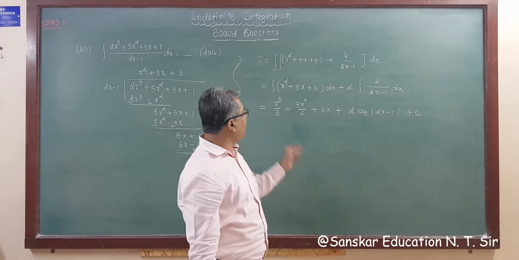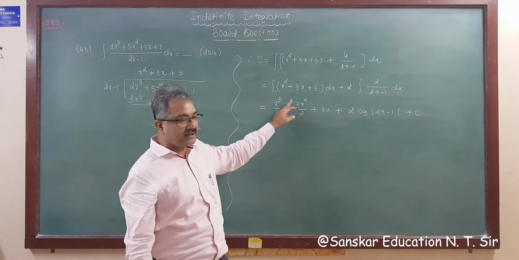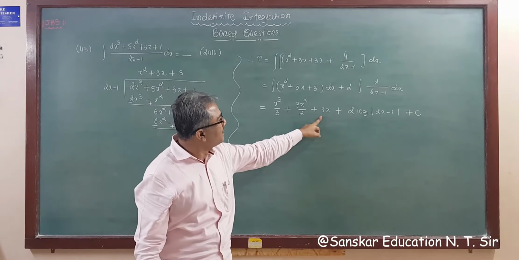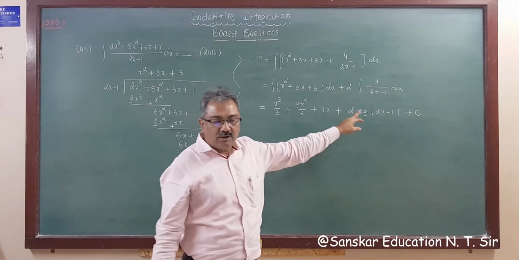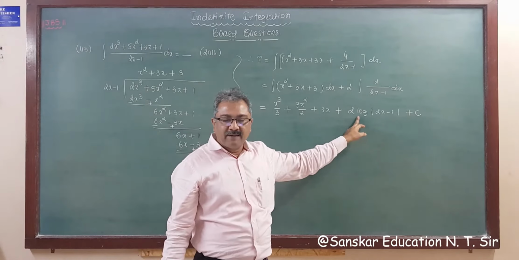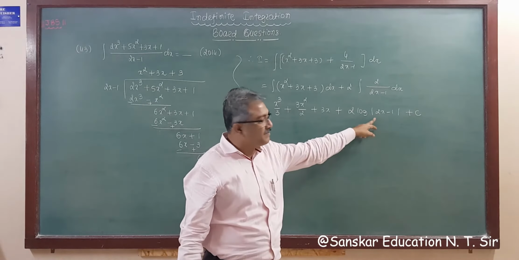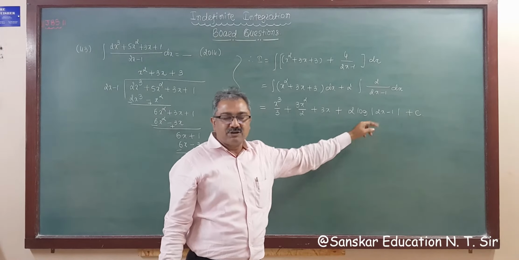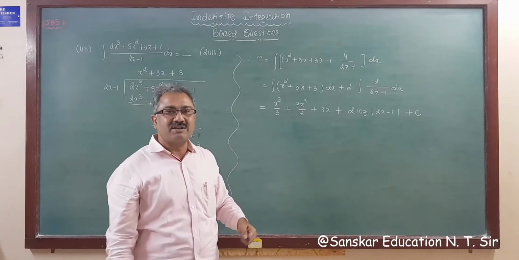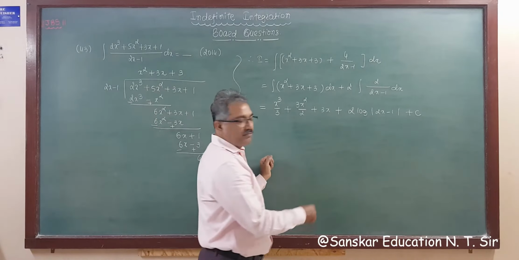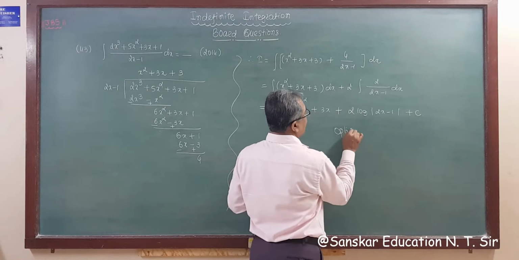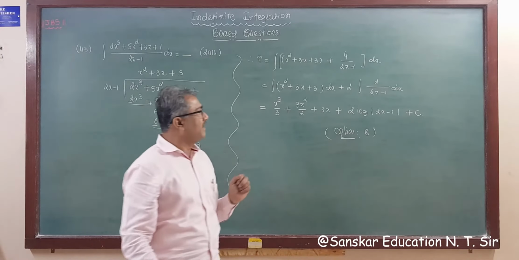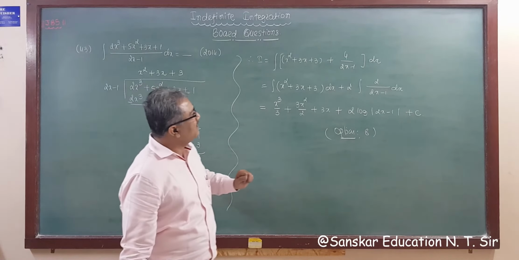So the proper answer is x cube by 3 plus 3 by 2 x square plus 3x plus 2 times log mod 2x minus 1 plus c. That is, option number B is your correct answer. In the PDF there is an option A, but that is not correct. Option number B is the correct answer, so make the change in the answer.